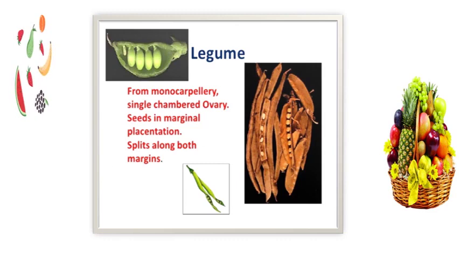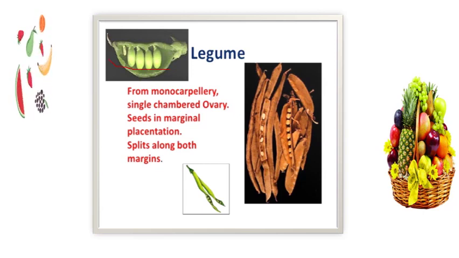It's a fruit formed from a monocarpellary pistil and dehiscence along both dorsal and ventral surfaces. So here you observe in this figure, from a monocarpellary single-chambered ovary, the seed is marginal.